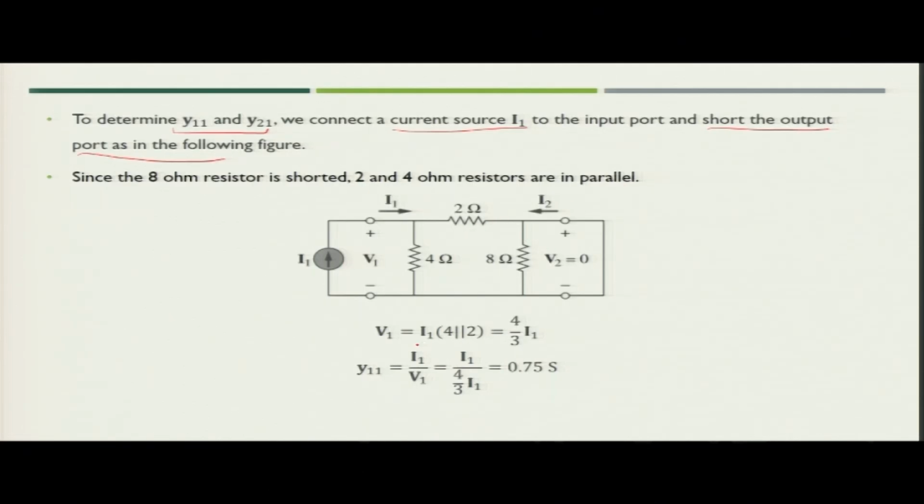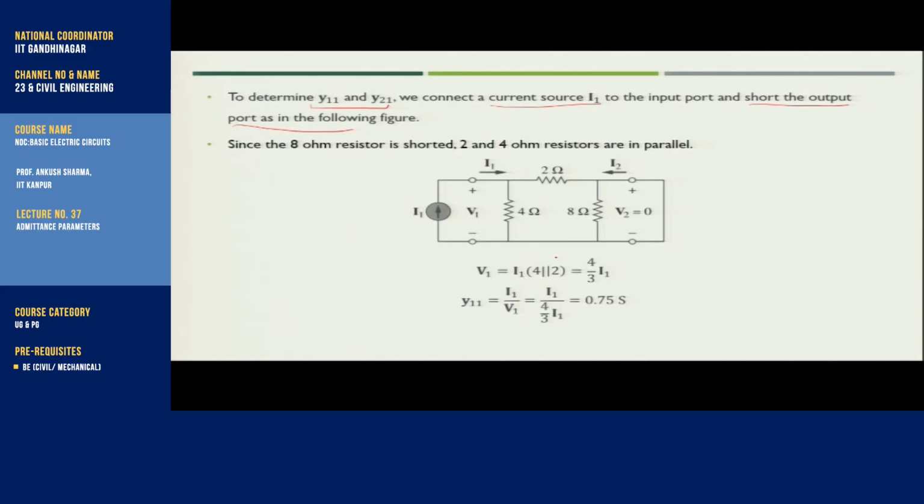So, V1 we can say that I1 multiplied by the parallel combination of these two resistances. So, what we will write? V1 is equal to I1 and then 4 and 2 in parallel. So, we get V1 is equal to 4 by 3 I1.